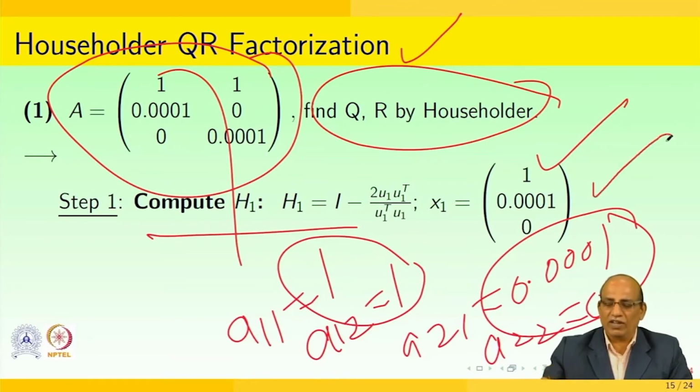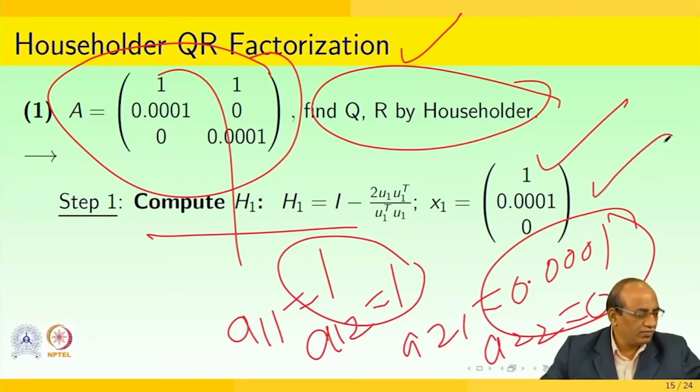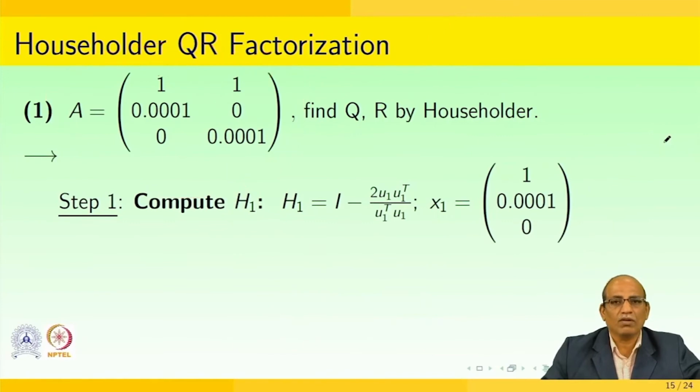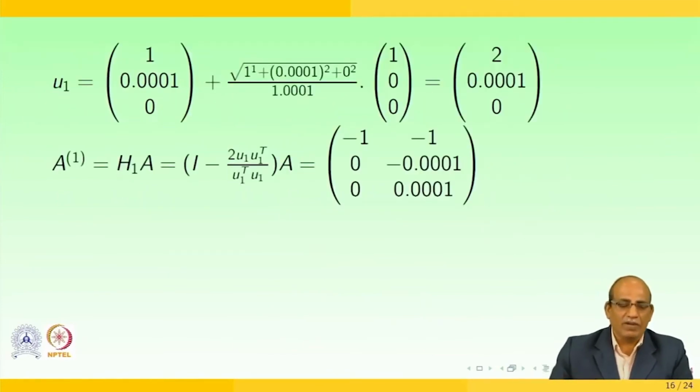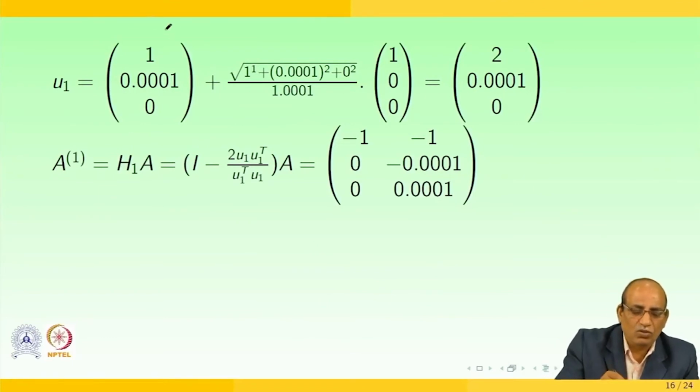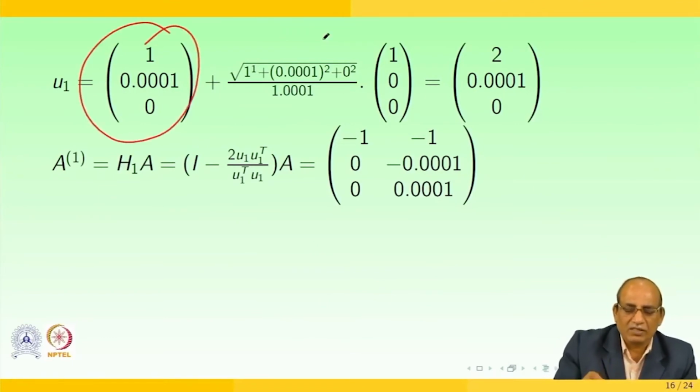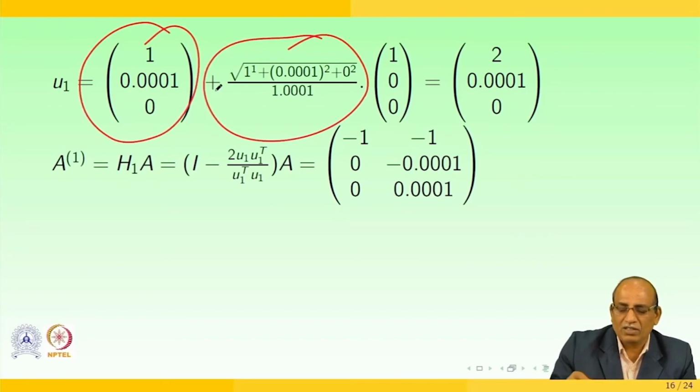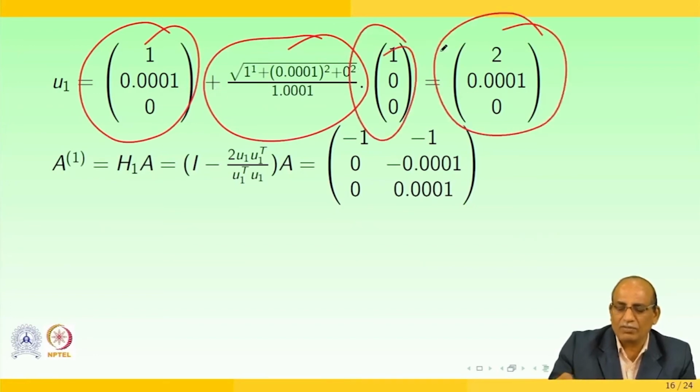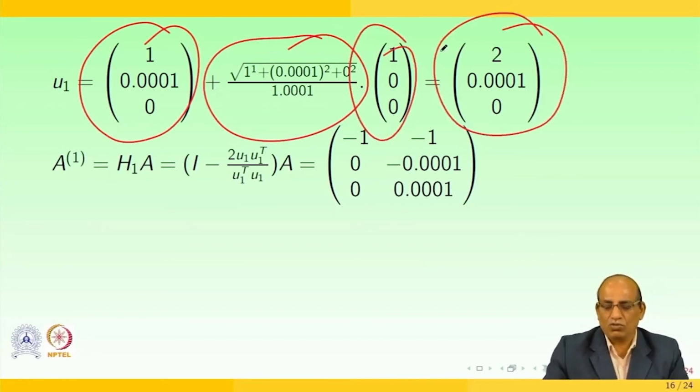So you get the value of x1. Next computation will be u1. So u1 is equal to this matrix plus, and I substitute those elements and multiply with a1. So I end up with this matrix, 2.00012.